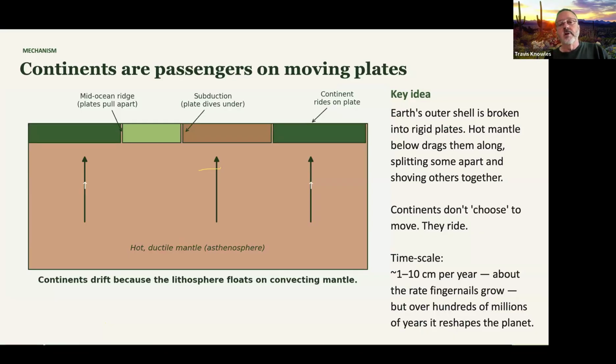In some places, one crustal plate is being pushed down underneath the edge of another crustal plate, which makes that area very volcanic and prone to earthquakes.